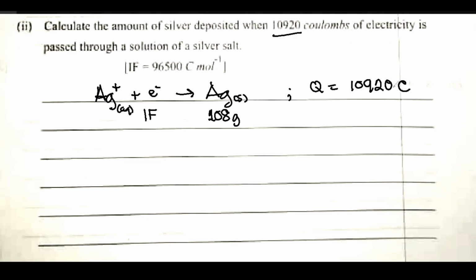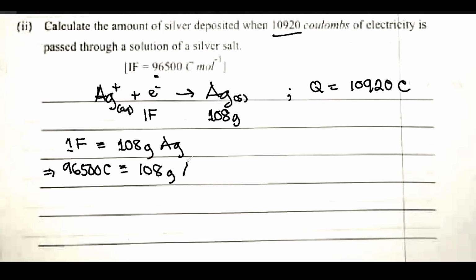Our Q here is 1920 coulombs, right? Fine. So from here, you can see that 1 Faraday will deposit 108 grams of silver, right? Which means that the value of 1 Faraday is given to us here, 96,500. So it implies that 96,500 coulombs will deposit 108 grams of silver. So what amount of silver will 1920 coulombs of electricity deposit?